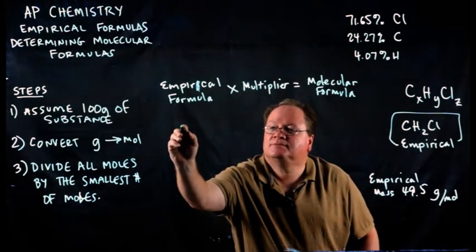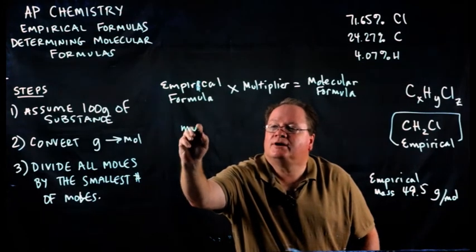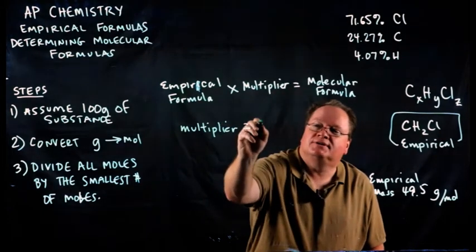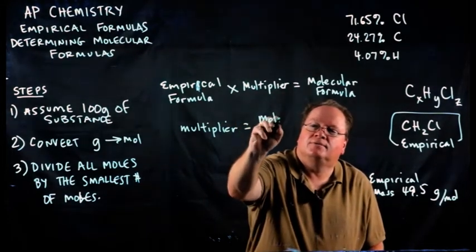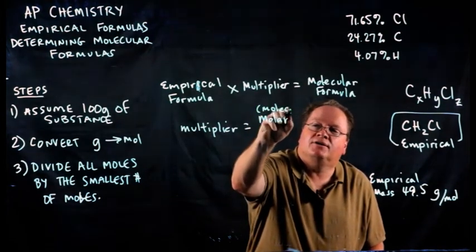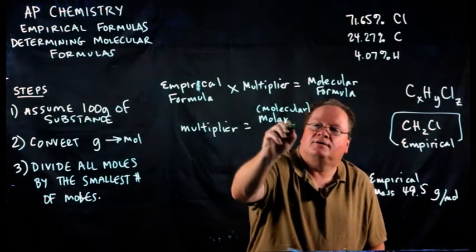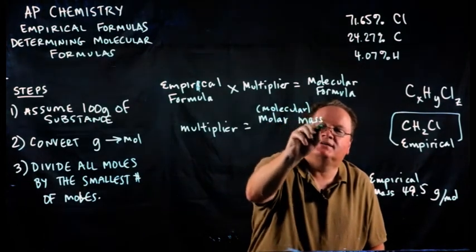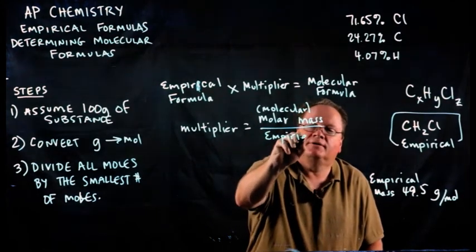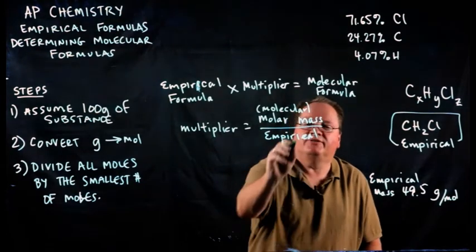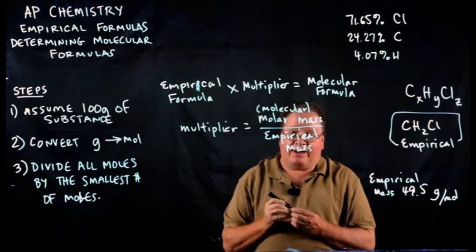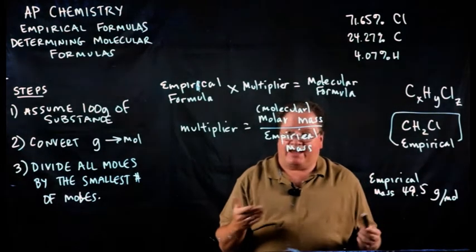Multiplier equals molar, sometimes they'll call it molecular, mass divided by empirical mass. I can't write empirical for some reason. Okay, so I just need to figure out what's the molecular mass divided by the empirical mass.